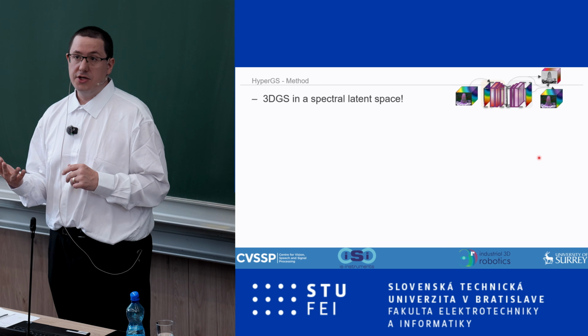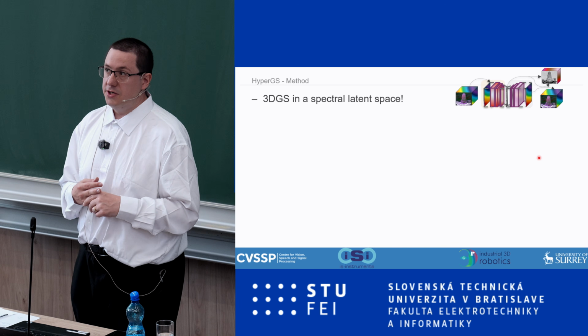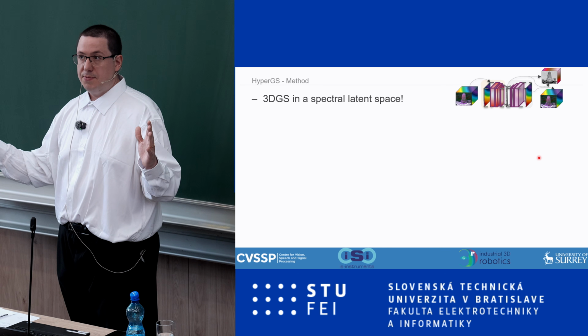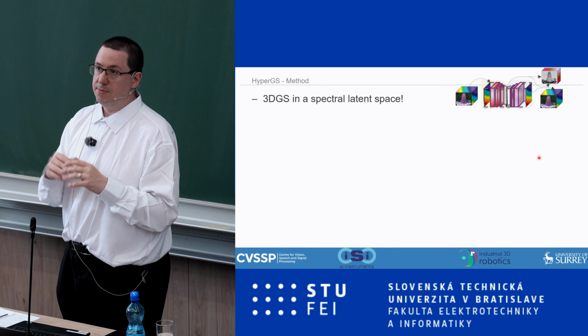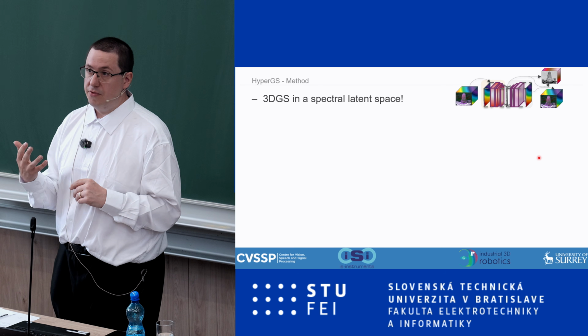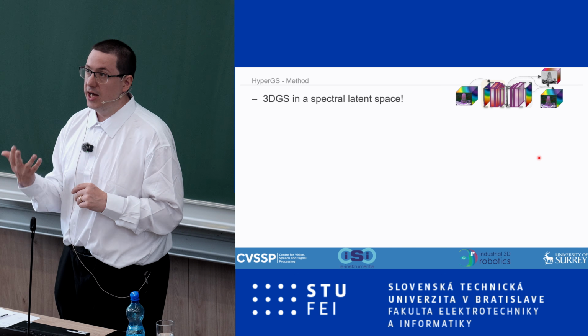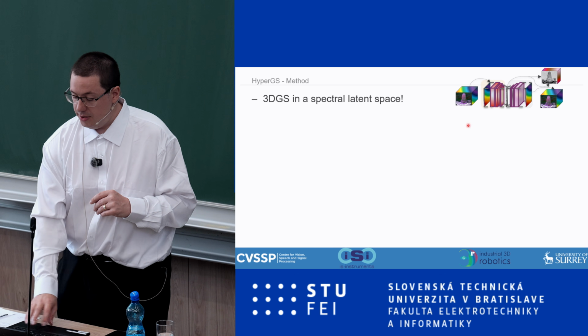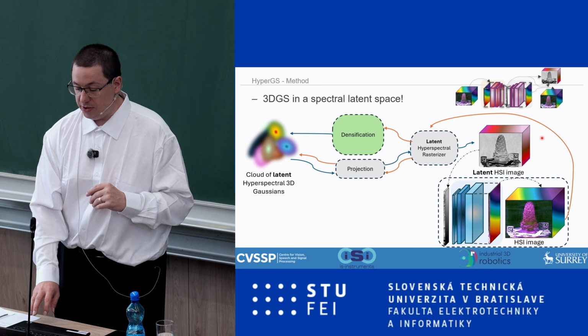So the way we solved this is exactly the same way that we just solved the spectral reconstruction problem in Hydra. We just said, okay, I'm not going to do it directly in the hyperspectral space. I'm going to learn a latent spectral space, and I'm going to define my 3D Gaussian splat model to work in that latent space. So first I train an autoencoder on the full hyperspectral data.